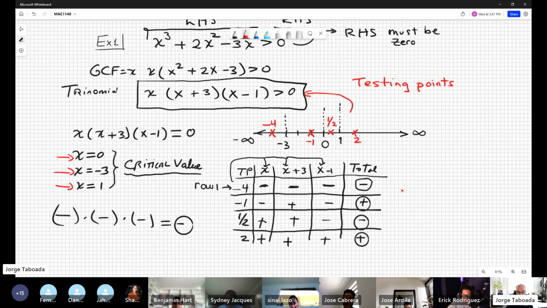So, less than -3, I pick -4. Suppose another student picks -5 or -6, it's okay. It's the same answer. And between -3 and 0, I pick -1. And between 0 and 1, I pick 1/2. After 1, greater than 1, I pick 2 or 3 or 4, but I pick 2 to create my table.